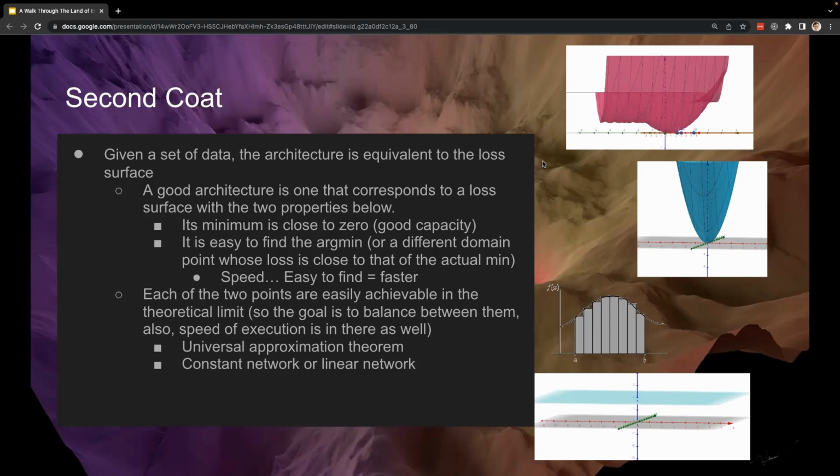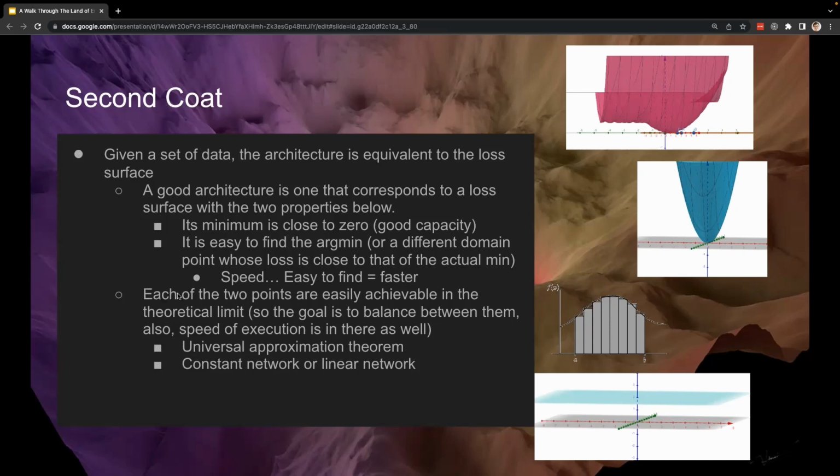A, the minimum is close to 0, aka good capacity, or however you want to think of it. So it's got to have this property. And it also needs to be easy to train, or easy to find the argmin, or at least find a domain point whose loss is similar to that of the actual min. So speed: easier to find means faster to train, and so on.